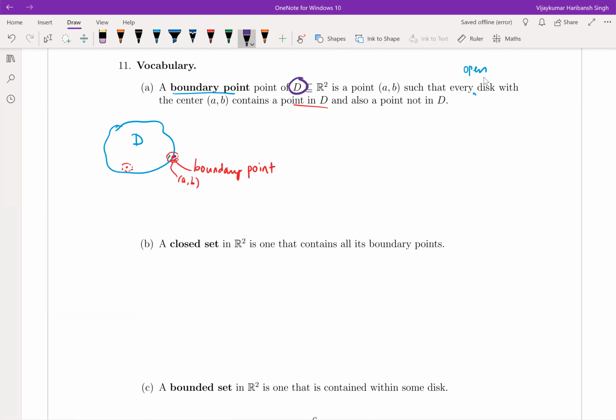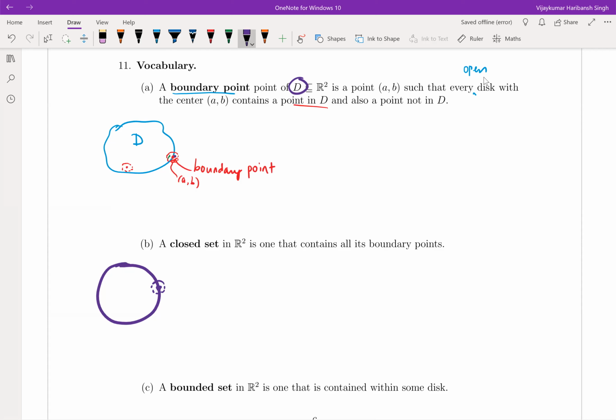Now, what is a closed set? A closed set in R2 is one which contains all its boundary points. For example, let's take a circle. A circle contains all its boundary points, because if you take any point on the circle and draw a disk, it will consist of points from the circle and also from outside the circle.